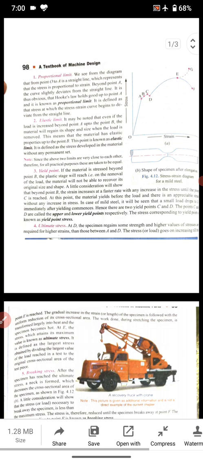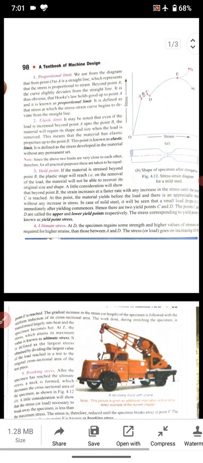A little consideration will show that beyond point B the strain increases at a faster rate with any increase in stress until point C is reached.